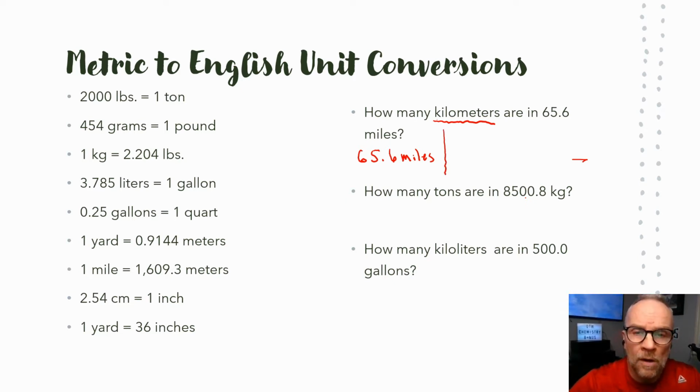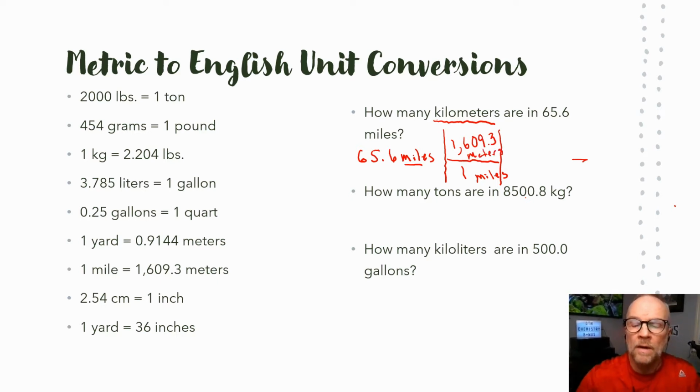As with all the conversions, you'll write a conversion factor, and whatever you're given will go on the bottom. We have miles on the bottom, and it tells us 1 mile is equal to 1,609.3 meters. If we stop there, we would be at meters, but we need to go to kilometers.